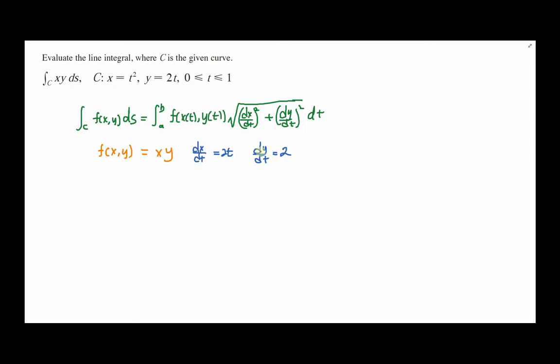Now we just have to plug it in. So this part will go here, and these will substitute accordingly. And our time, the upper limit is 1, lower limit is 0.